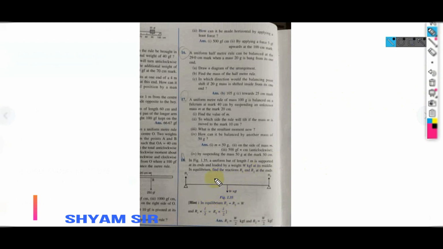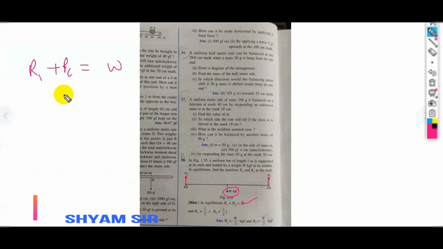See, this force is acting upward, and it is equal to W. So we can say that R1 plus R2 is equal to W, because both are being balanced by this force. That's why this is mentioned.